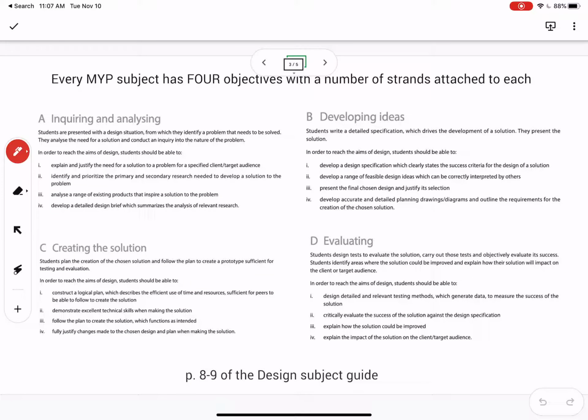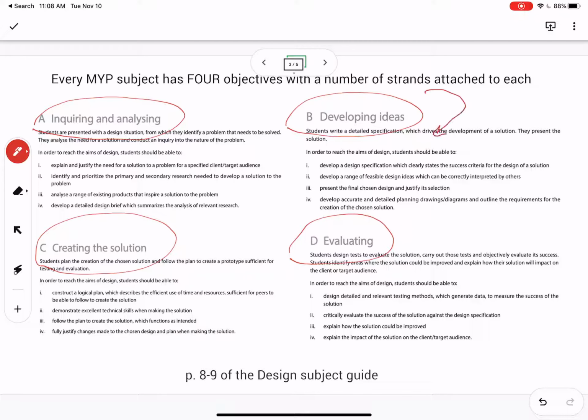So since every MYP subject has 4 objectives, these are the 4 objectives in MYP design. And these 4 objectives have a number of strands attached to each. Those strands are the Roman numerals that you see below each of the objectives.